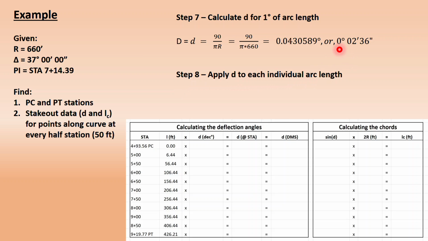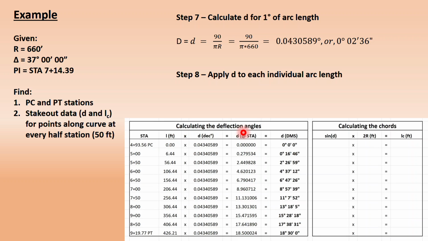If we know what the deflection angle is for 1 foot, well, to get 2 feet away, it's this deflection angle times 2. To get 10 feet away, it's this deflection angle times 10. So just like the table shows here, we're going to take the arc length and multiply it by the deflection angle to get the individual deflection angles for all of our incremental stations.